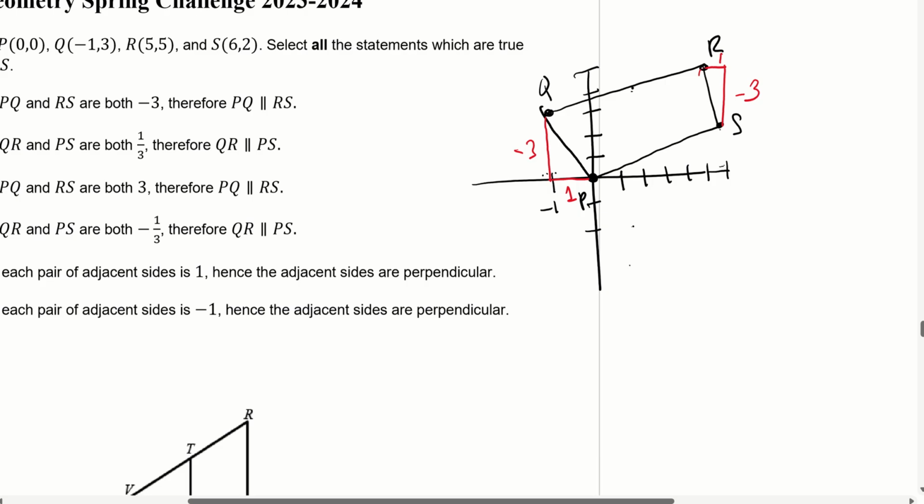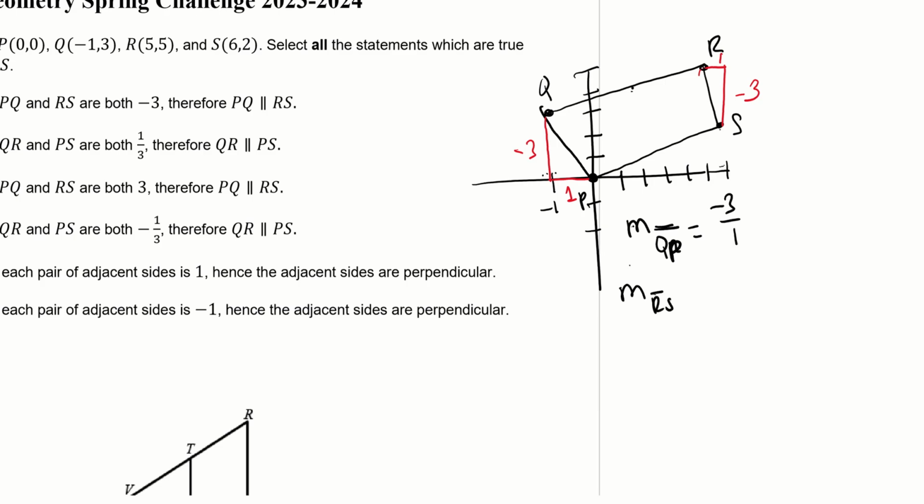All right, so we know that the slope of QP is rise over run, so it's going to be -3 over 1. The slope of RS is going to be -3 over 1, rise over run.